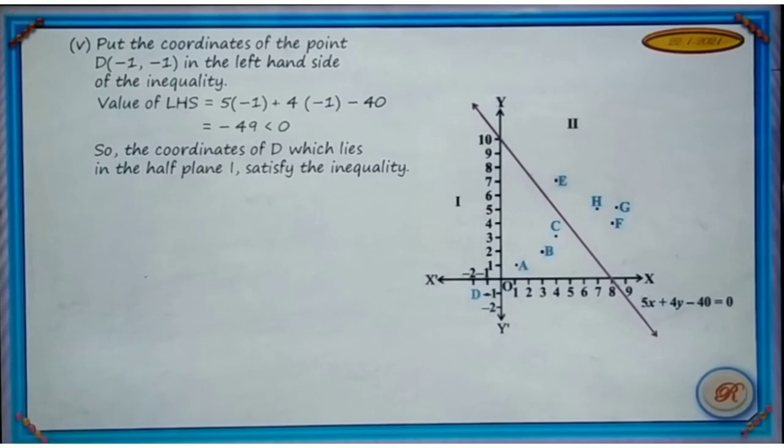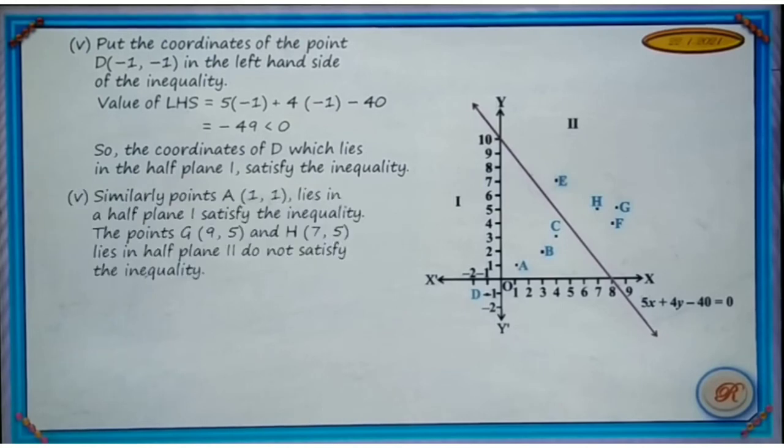Similarly, point A with coordinates 1, 1, which lies in half plane 1, satisfies the inequality. The points G with coordinates 9, 5 and H with coordinates 7, 5, which lie in half plane 2, do not satisfy the inequality.